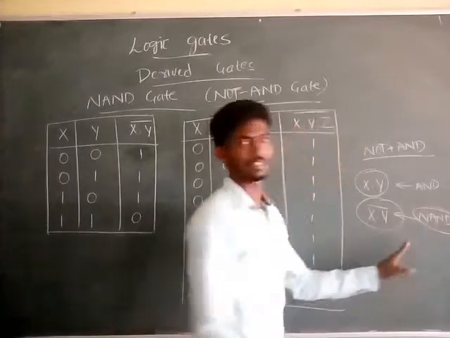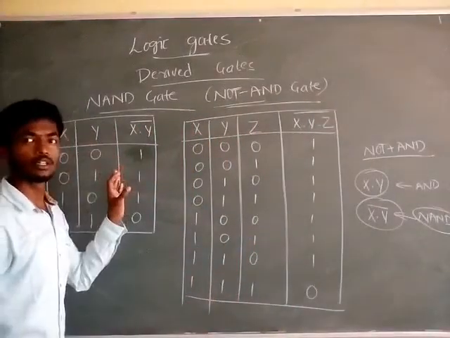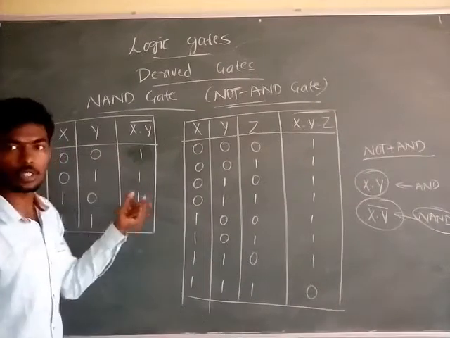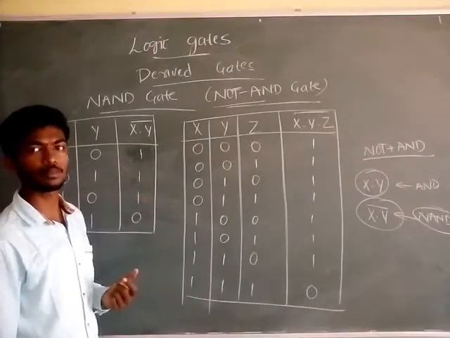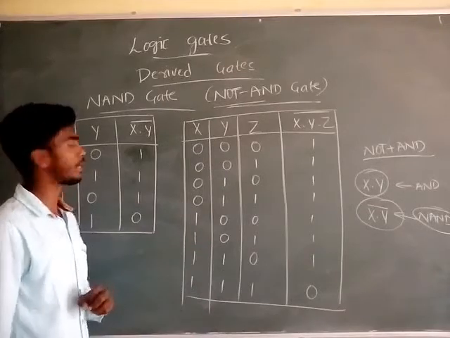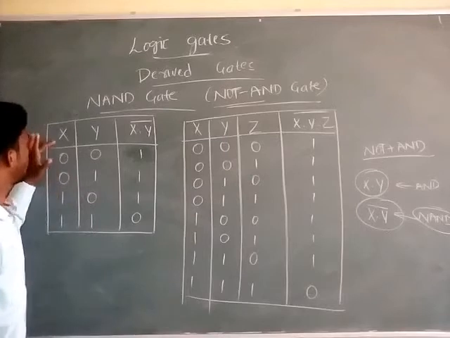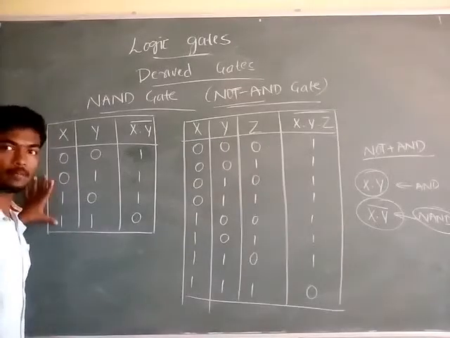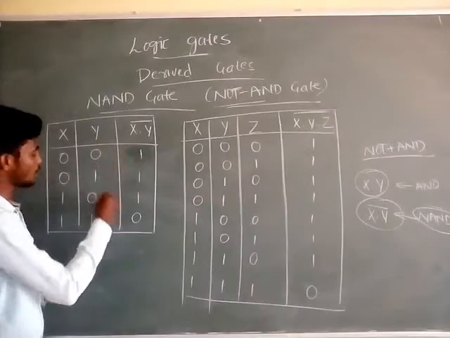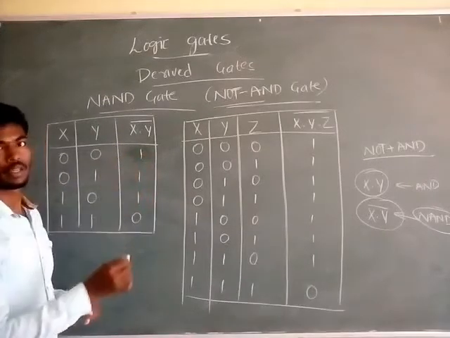For 2 inputs, I have drawn two truth tables. One has the 2 inputs for a NAND gate, another has the 3 inputs for a NAND gate. You can just observe the combinations here. For X: 0 0 1 1 and for Y: 0 1 0 1. The results will be 1 1 1 0.